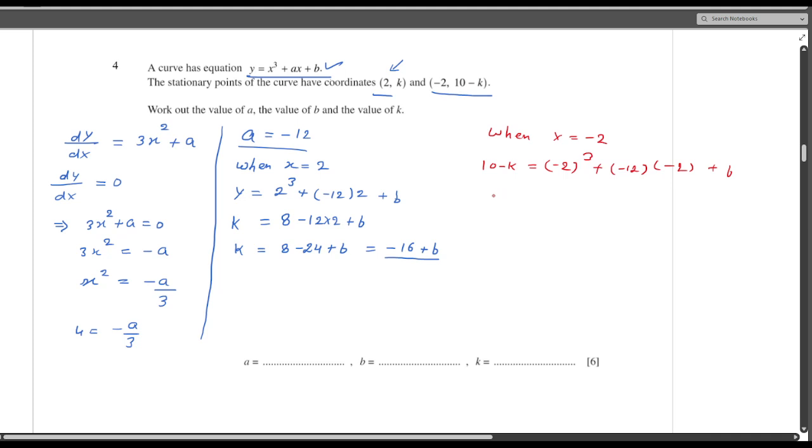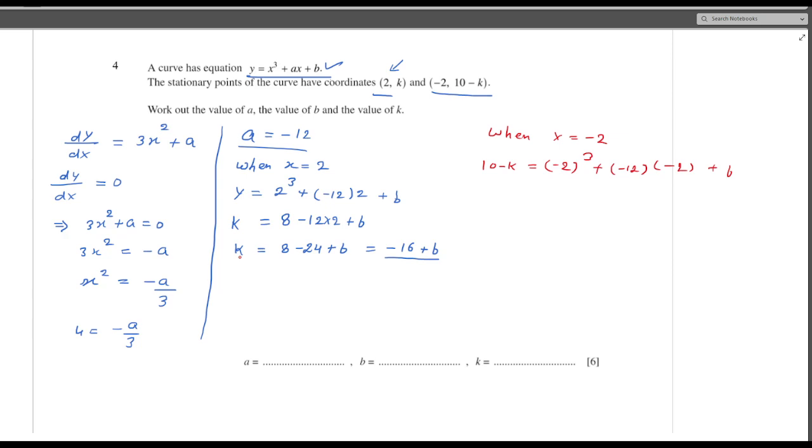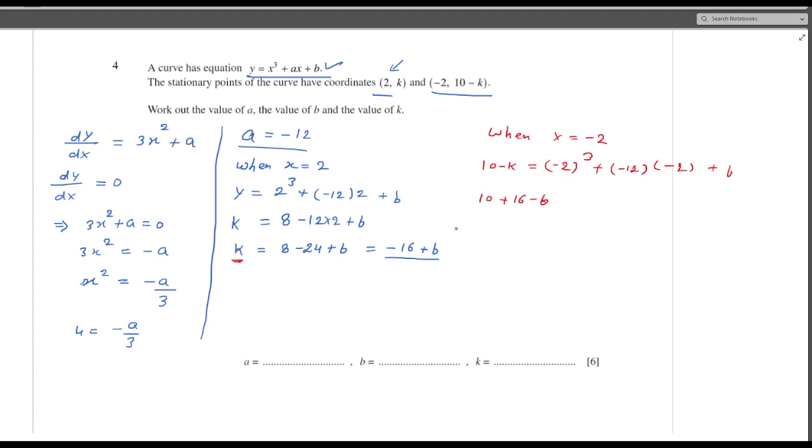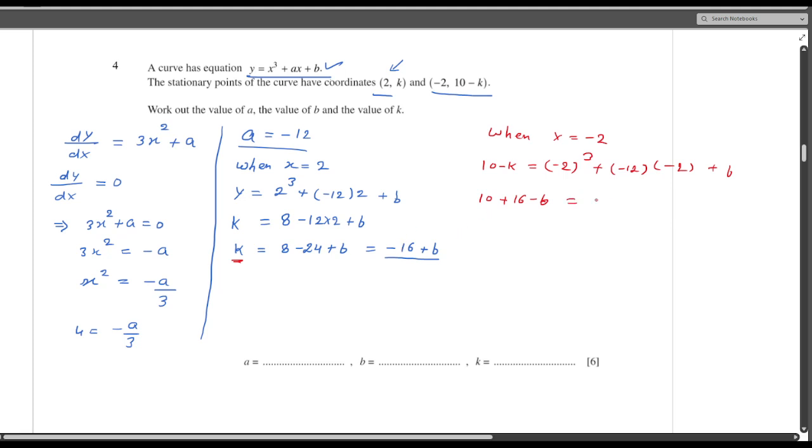Now the value of k I already know is minus 16 plus b. So here I will replace k with minus 16 plus b. Minus k is 16 minus b, so 10 plus 16 minus b is equal to minus 8 plus 24 plus b.